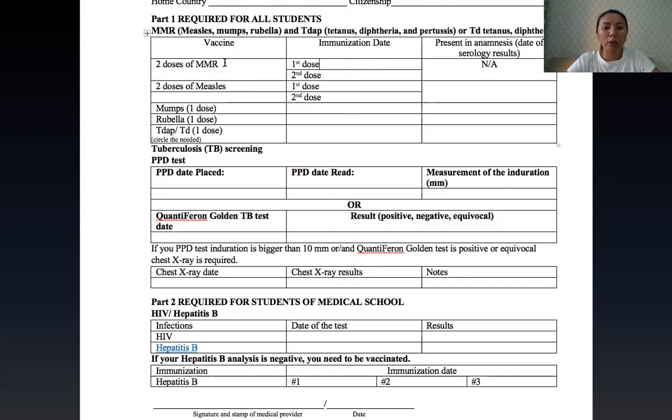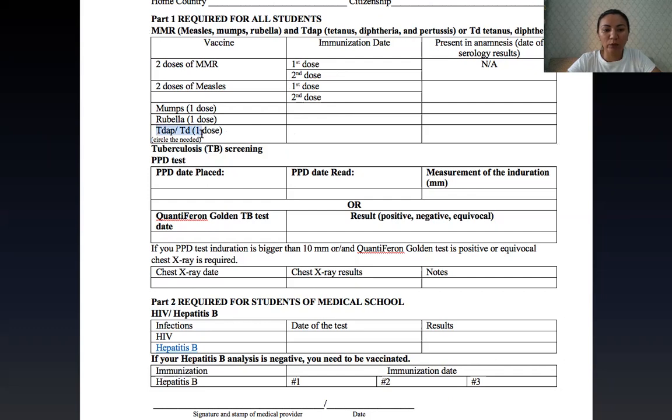When it comes to the MMR, it's a 2-dose vaccine, and the period between dose 1 and dose 2 shouldn't be less than 4 weeks. When it comes to measles, it's the same, 2 doses, 4 weeks between them. And mumps, rubella, Tdap, and Td are 1-dose vaccines.